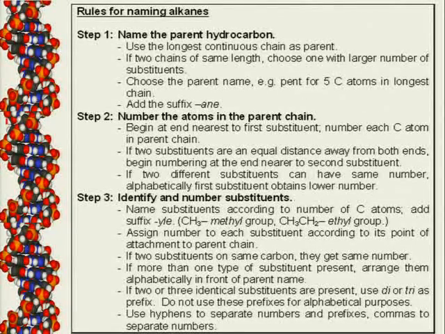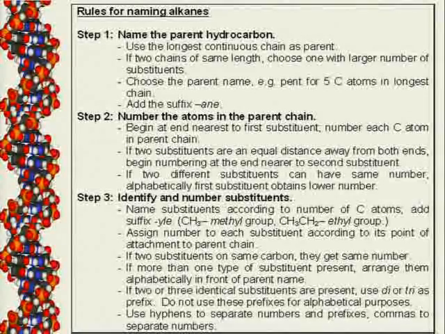All right. Step number 2, after identifying your substituent, you must number the carbons that are in the parent name. So how do you number them? You must number them from left to right and also from right to left, because this will help you to check which numbering is correct. You'll see when you do the example what I mean. And then if you've got 2 substituents of equal length from both sides, you don't need to worry about which side you choose.